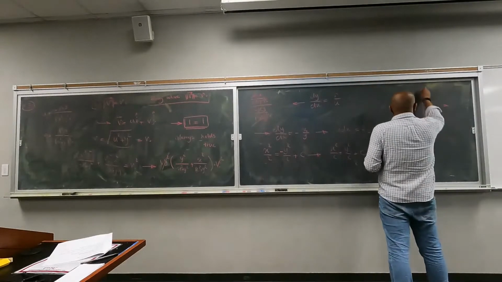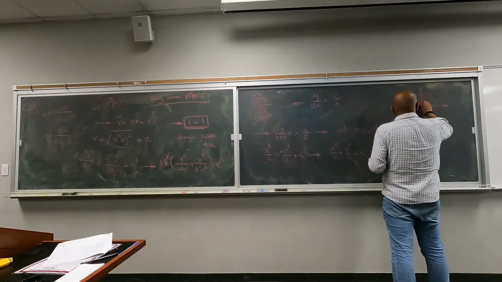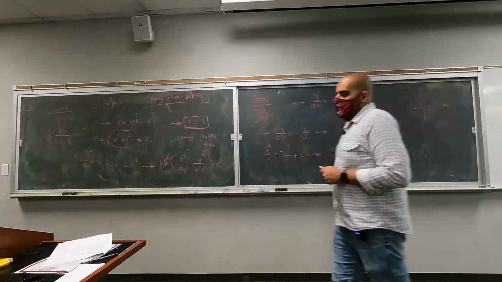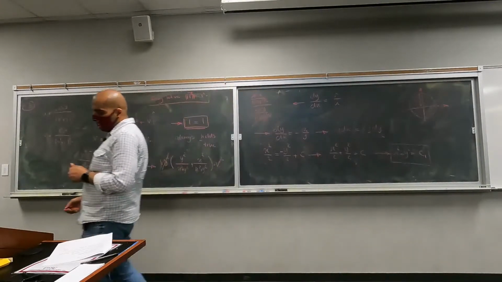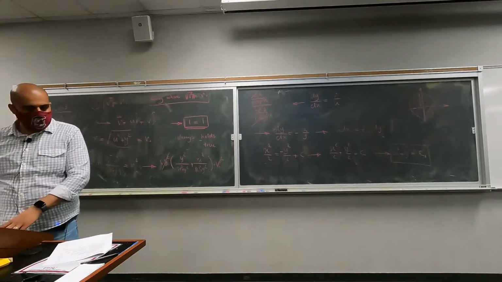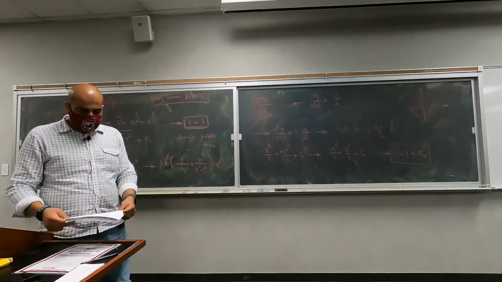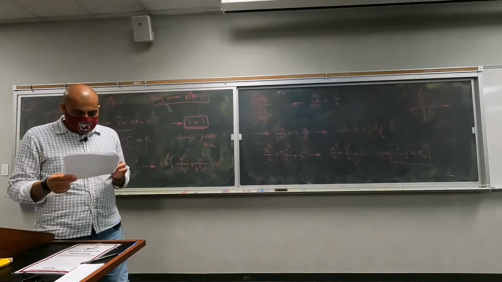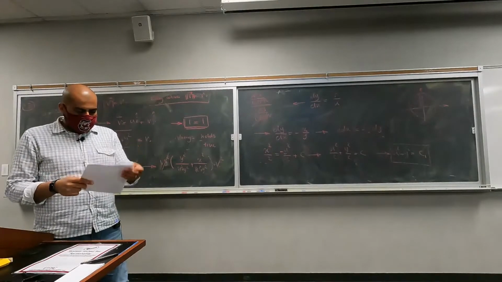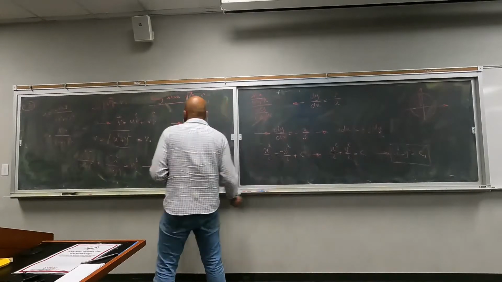So it will be a circle with a radius of square root of C. Right? What else? Let's see what we were asked to find. Yeah, we said it is circular flow. And that's it for the second problem.